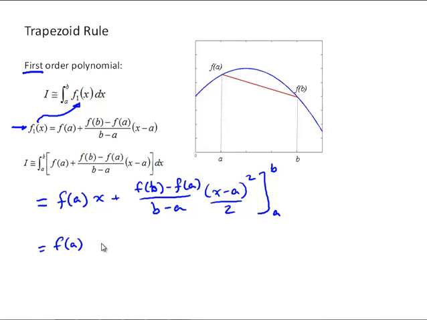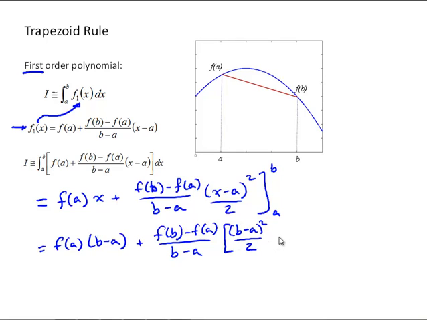So we get f of a times b minus a plus f of b minus f of a divided by b minus a times b minus a squared over 2 minus a minus a squared over 2. That term is equal to 0.